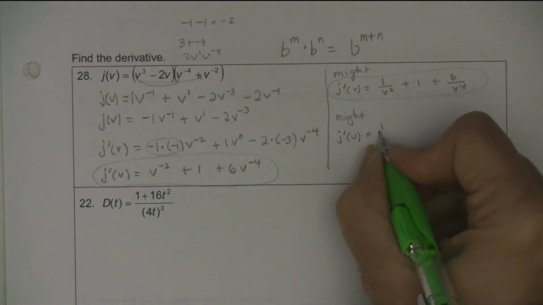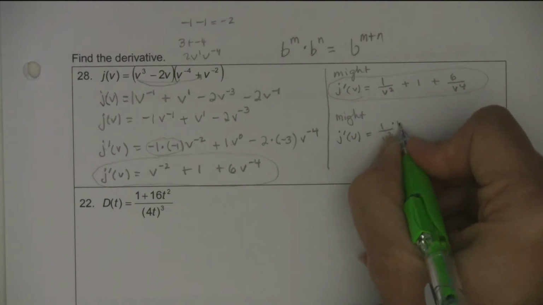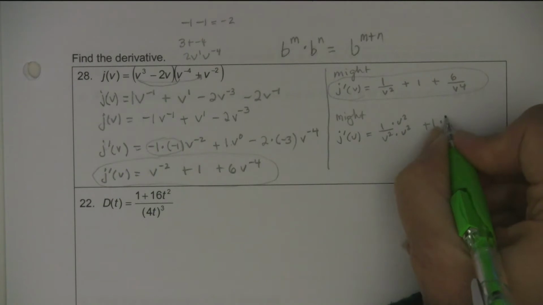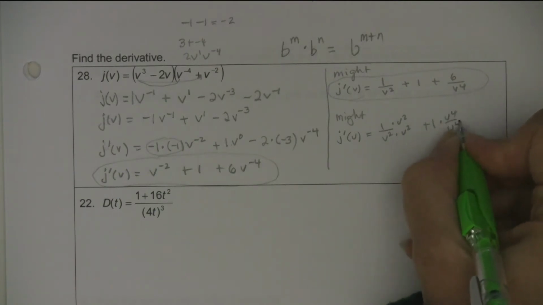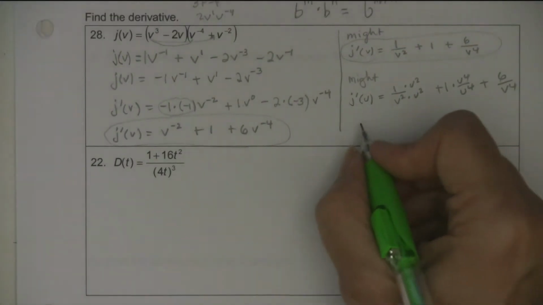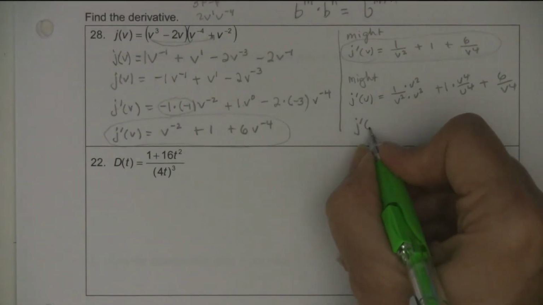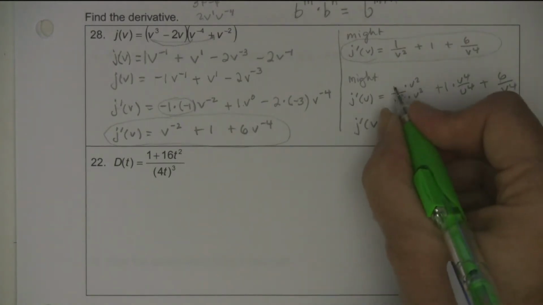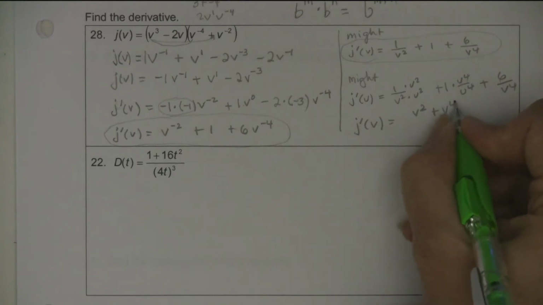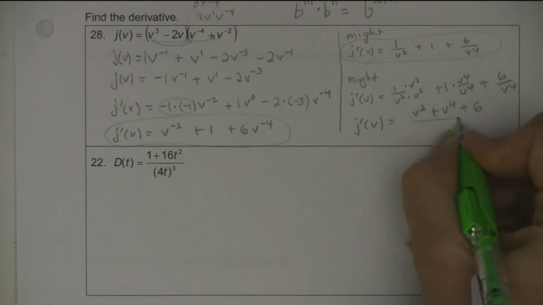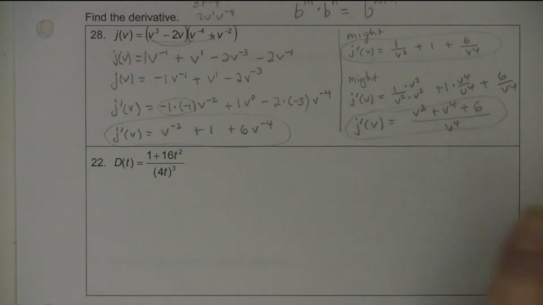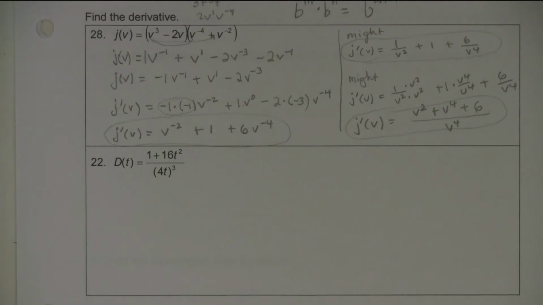So they would say this is 1 over v to the second times v to the second over v to the second, plus 1 times v to the fourth over v to the fourth, plus 6 over v to the fourth. I already have v to the fourth in the denominator, so that when the dust clears here, I'm going to have v to the second in the numerator plus v to the fourth plus 6 all divided by v to the fourth. So you might see that as the answer as well. So just a warning on that.